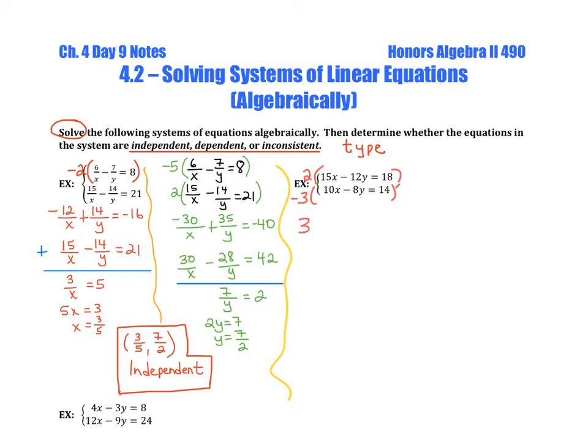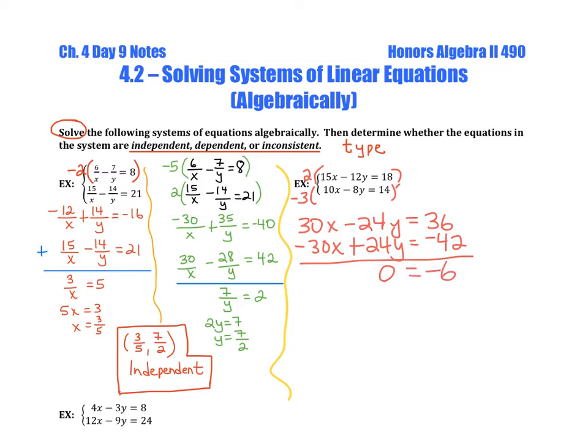I get 30x minus 24y is equal to 36. In the bottom equation, I get negative 30x plus 24y is equal to negative 42. If I add those equations together, the x terms go away, the y terms go away, so on the left-hand side I get 0, and on the right-hand side I get negative 6.